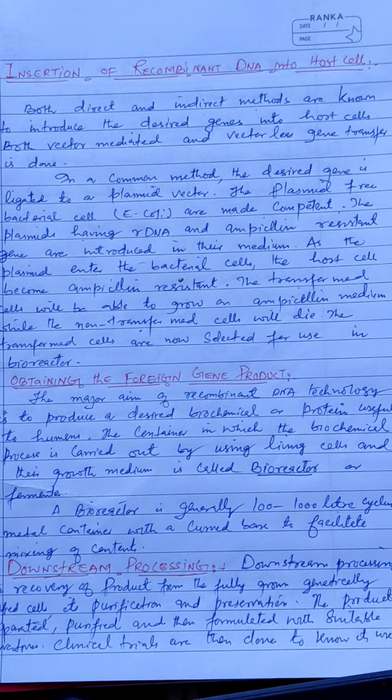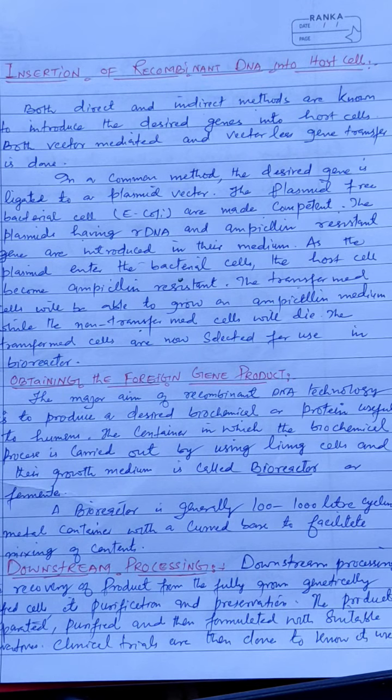Now, in the fourth step, let's try to insert this recombinant DNA into a host cell. In this step, we take the recombinant DNA or the desired DNA fragment or the recombinant plasmid. We can do this with the help of two methods, either directly or indirectly.